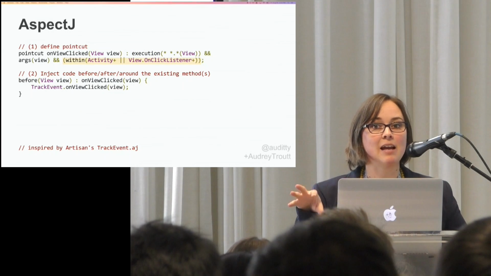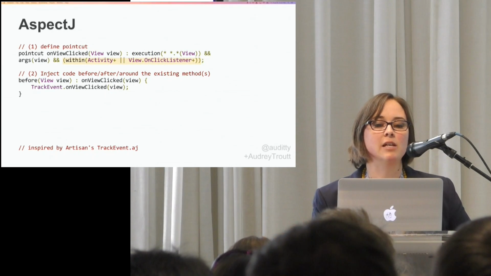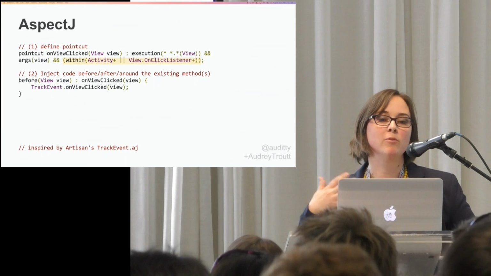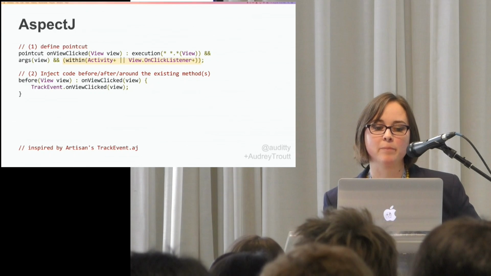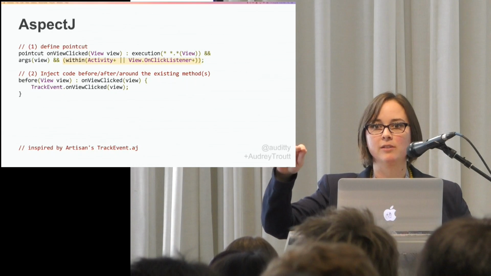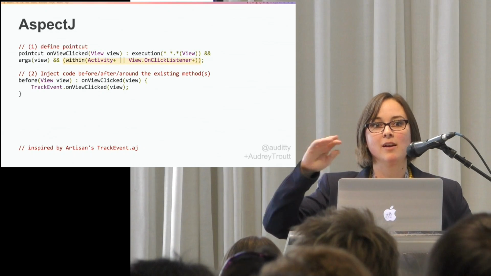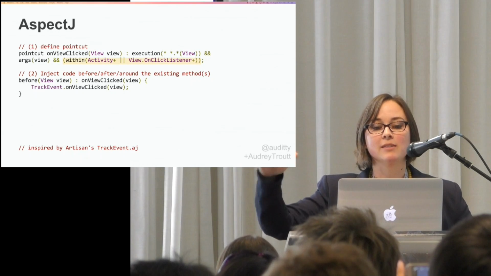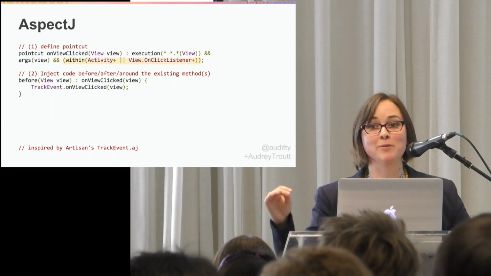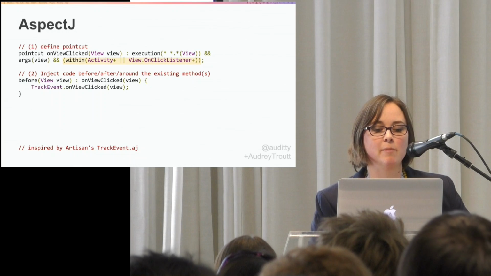Also, if it is inside an activity or a subclass of activity, or inside a view onClick listener or a subclass. This would work for anonymous inner classes as well. So I've defined this pointcut, which cuts the execution of your app for any method inside an activity or a view onClick listener that takes a view as a parameter, basically, regardless of its return type or name.